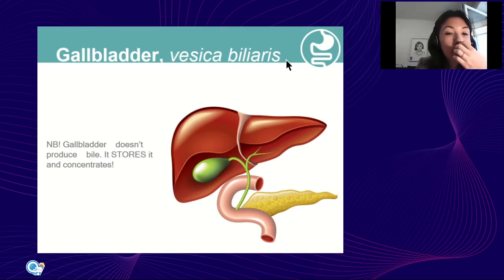Gallbladder, vesica biliaris. Yes, you also remember about functions of the gallbladder. You know that it stores bile and concentrates it, and you know in course of normal anatomy we said that bile that is produced in the liver leaves the liver through right and left hepatic ducts. They join into the common hepatic duct, and from the common hepatic duct, if there is no chyme in the duodenum, or this sphincter is closed, bile will go to the gallbladder and it will be stored there.